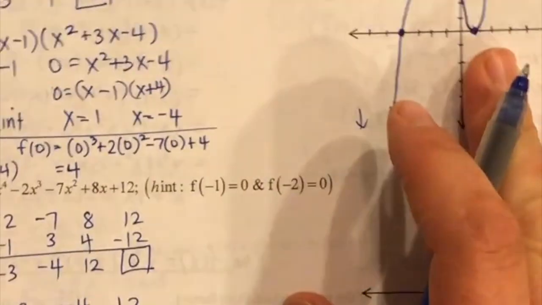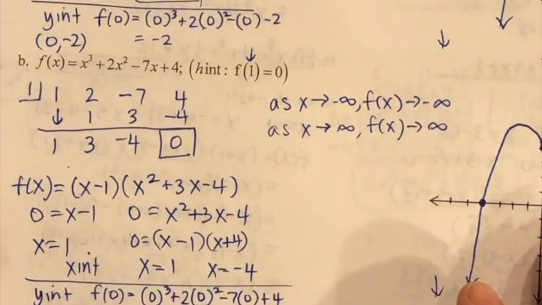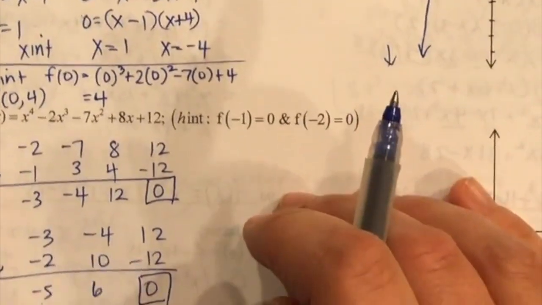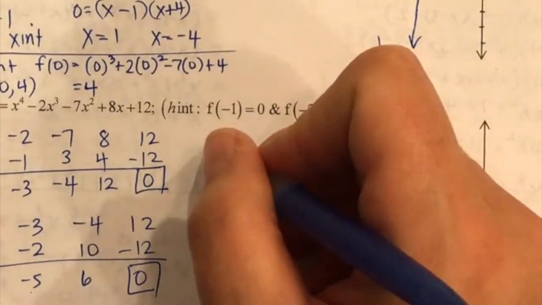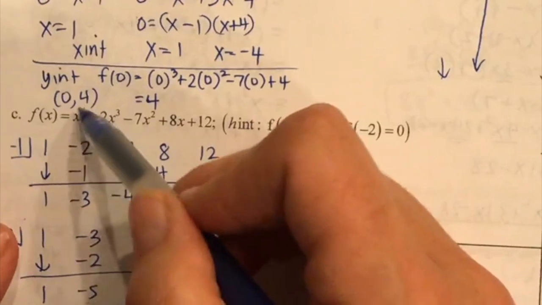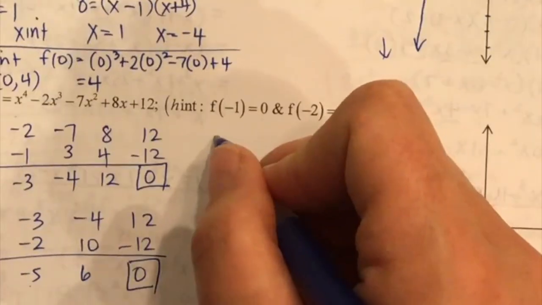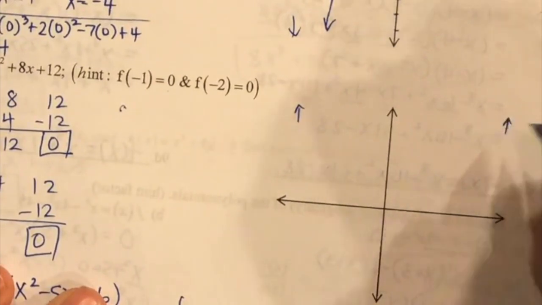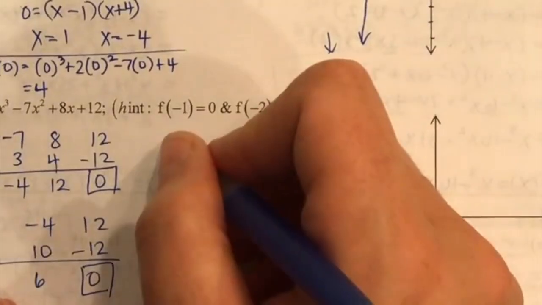Okay, I'm going to come back up here and look at my end behavior. Nope, too high, Stephanie. I'm going to go right here and look at my end behavior. So for end behavior, I am checking out right here the x to the fourth. Because it's to the fourth, that tells me that both of these are going to be up. So that looks like this.